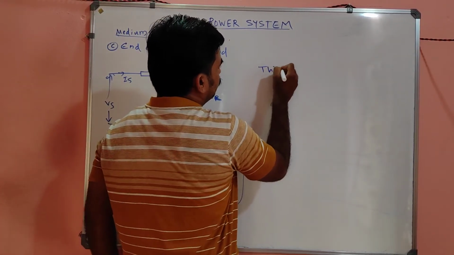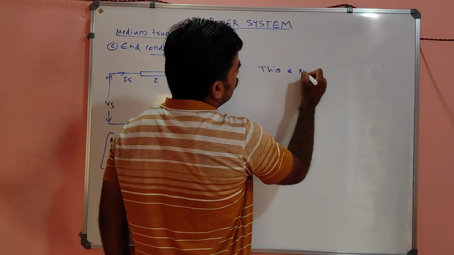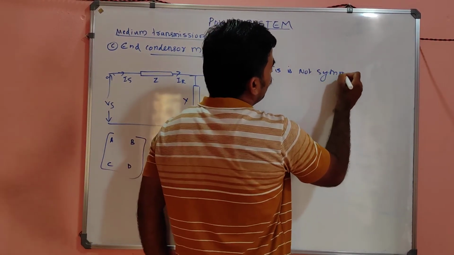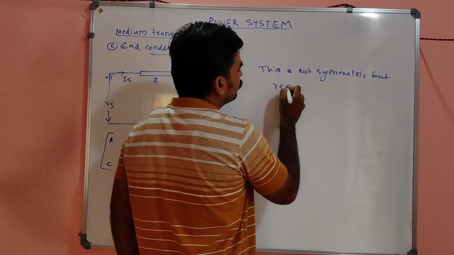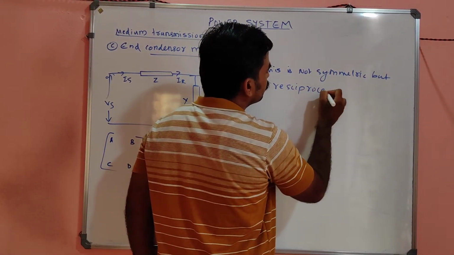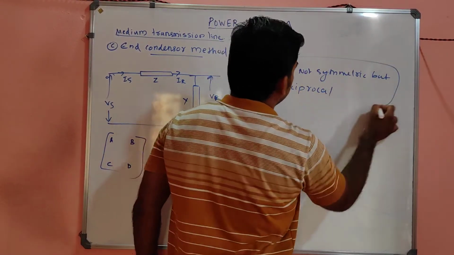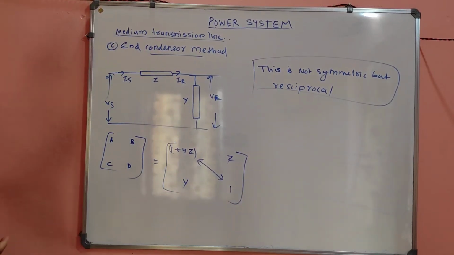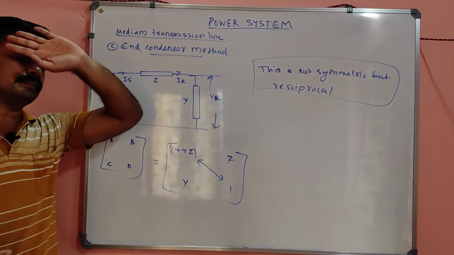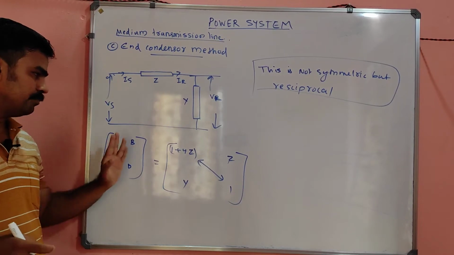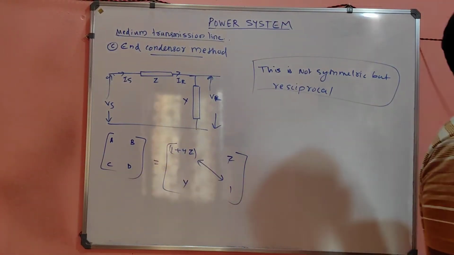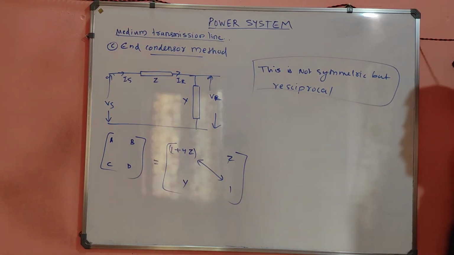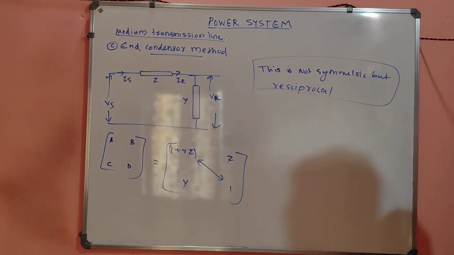So this is not symmetric but reciprocal. That's a very important conclusion. Only this conclusion is needed, symmetry or reciprocity, and some ABCD parameter values. More than that will not be asked.